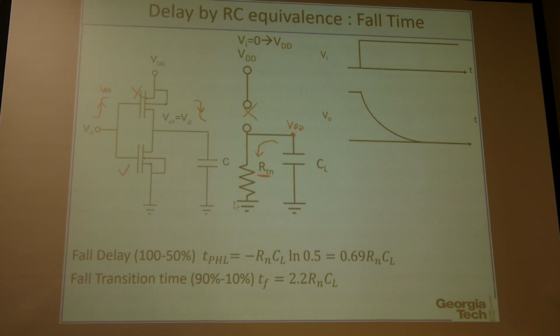So with a similar approach, you look at what is the delay from this VDD to this half VDD. This is defined as TPHL, high to low. And it will be the same coefficient, 0.69 RC. But this R is NMOS, so it's Rn.